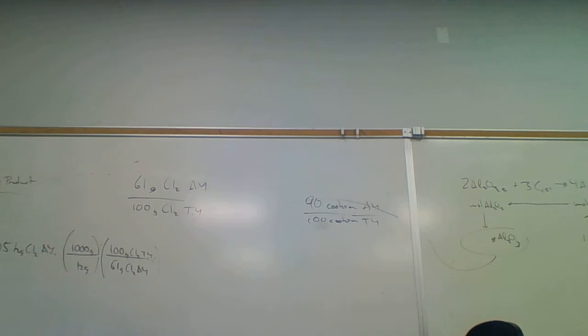If I want 100 cookies actual yield, then in theory, I better try to make, let's see what that comes out to, 100 times 100 divided by 61. I better be prepared to make 164 cookies, 163.9. I better make 164 cookies because I'm going to lose 64 of the cookies and I'm only going to end up with 100 cookies. That's because it's kind of a 61% yield.